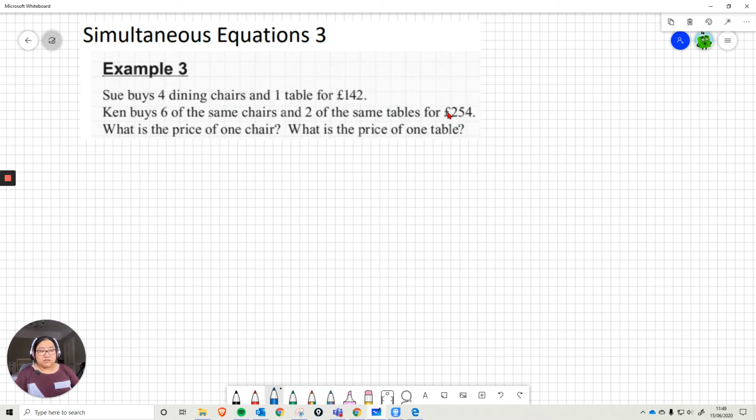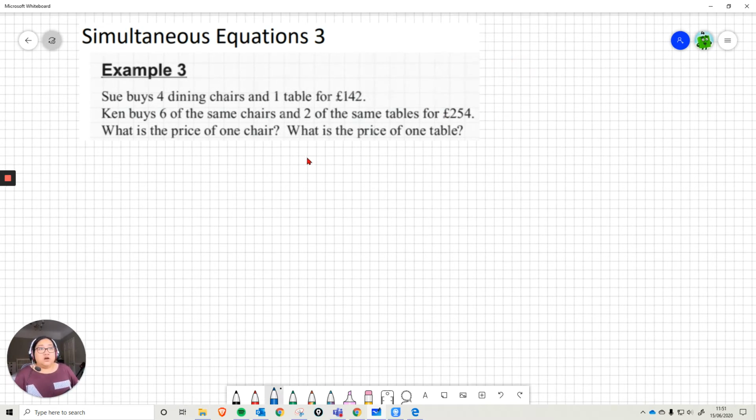So we're given two sets of information talking about the two variables, which means we can now set up two equations. This is probably the trickiest bit of this question, being able to form those two equations before we can actually solve them and work out our answer. Because it's a chair, a lot of people tend to use C for chair, T for table.